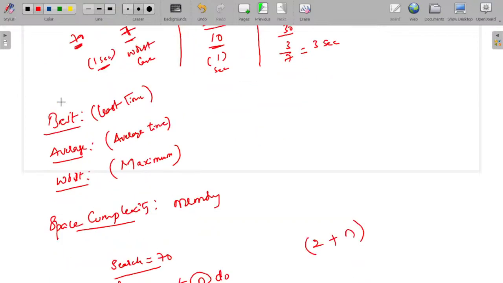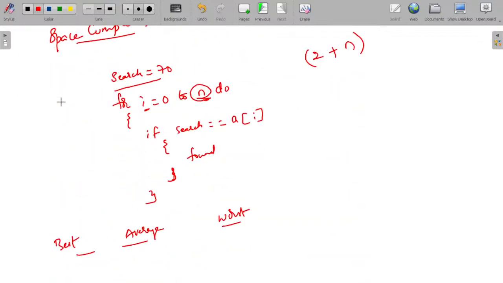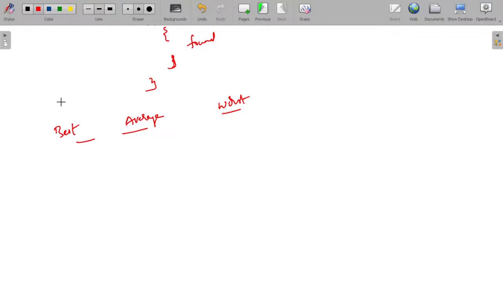And if you have any questions, then I will answer your questions and then we can move on with the asymptotic notations. Any questions on this, guys?